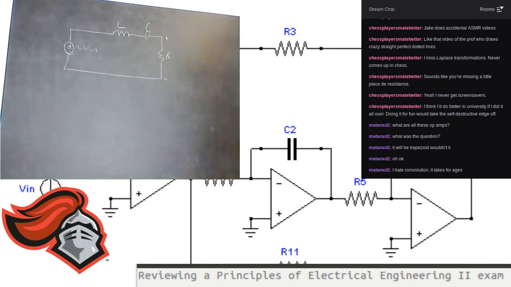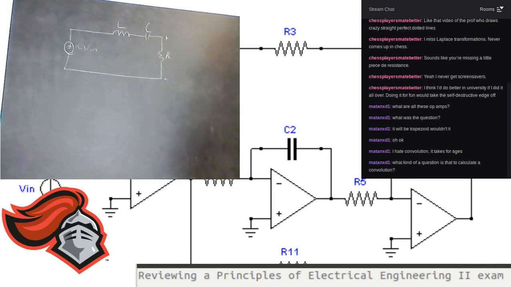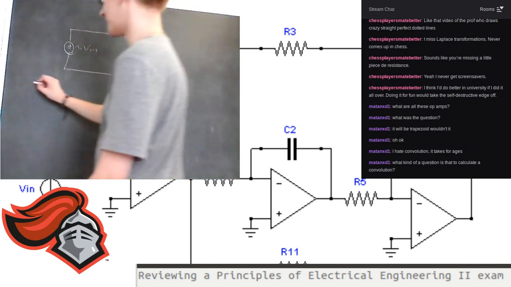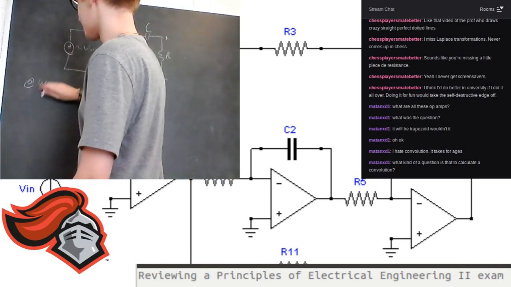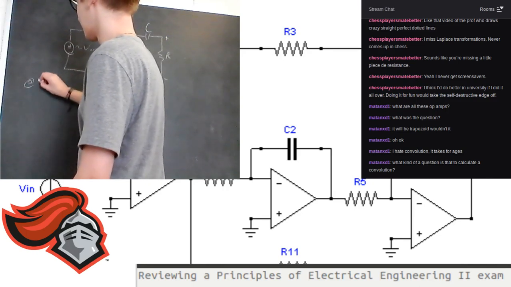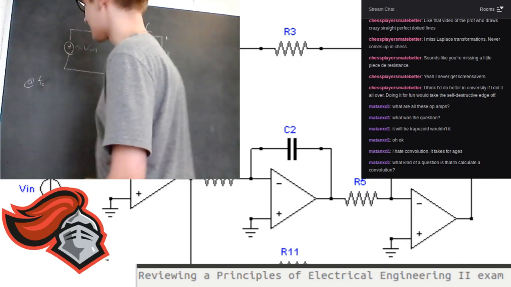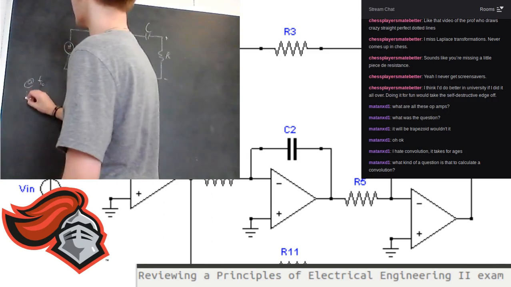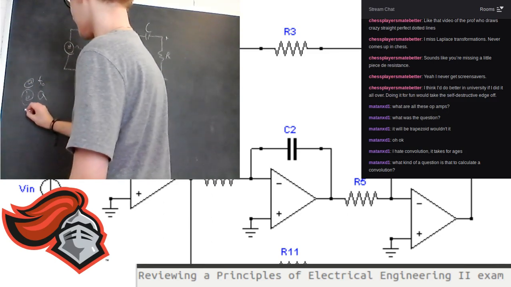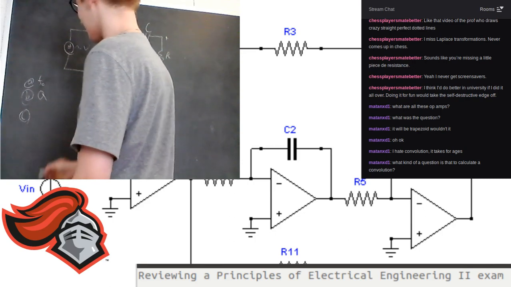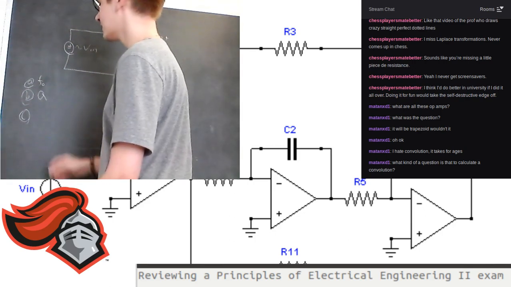So now, it was asking for A, or I'm sorry, it was the center frequency. For part B, it was asking for the quality, and part C, it was asking for the bandwidth.